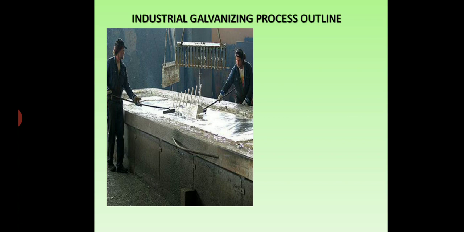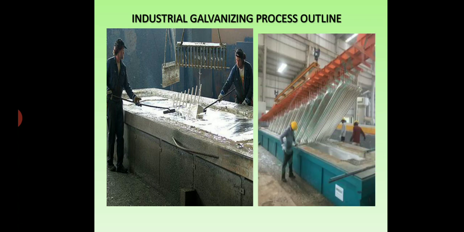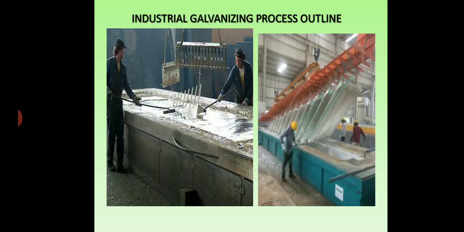Here molten zinc is taken, and the metal article to be galvanized is introduced into that molten zinc, then ultimately the coating is formed. As you can see, this is an iron roofing sheet. Here there will be molten zinc, and the roofing sheets are introduced. This is your galvanizing process, simple.